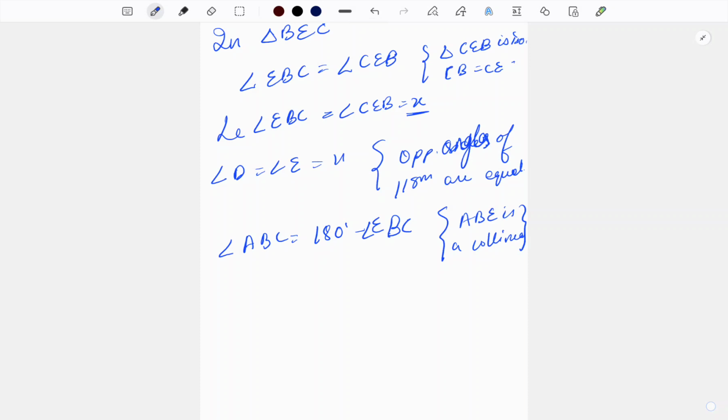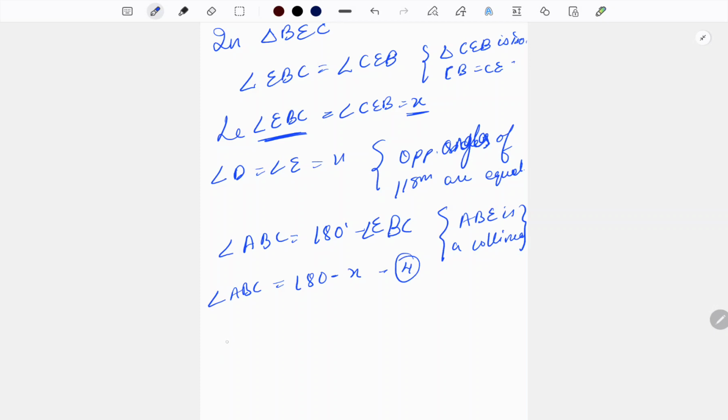Therefore to find angle ABC we subtract 180 minus angle EBC. EBC we have taken as x. So let us mark it as equation number 4.